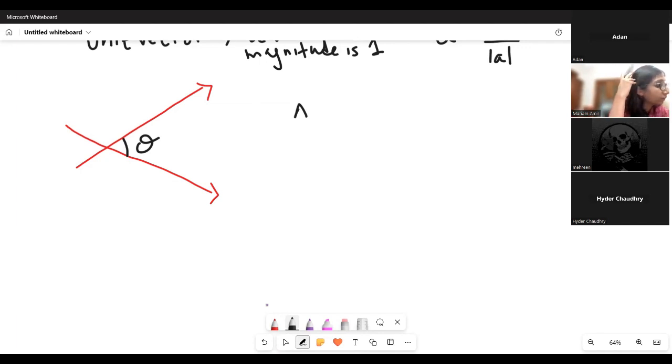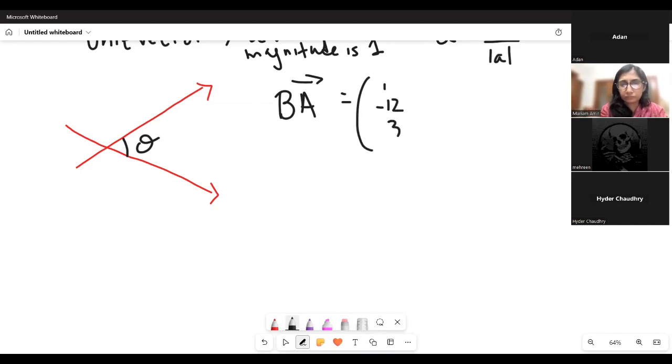Second, where did the example go? Okay, sorry. What you're given in the question is that BA is 1, -12, 3, and BC is 4, -2, -5.